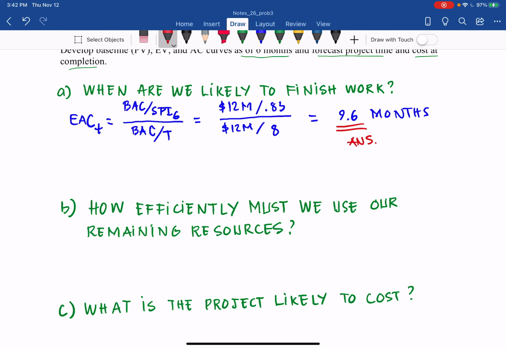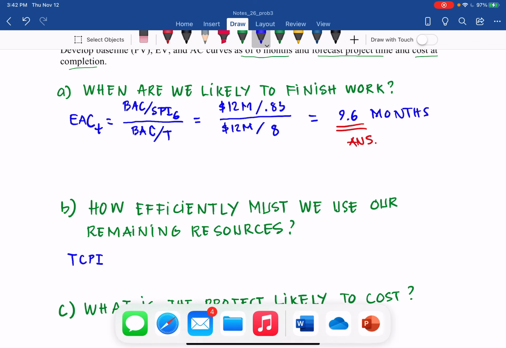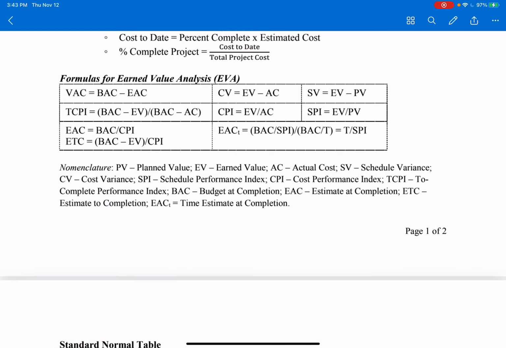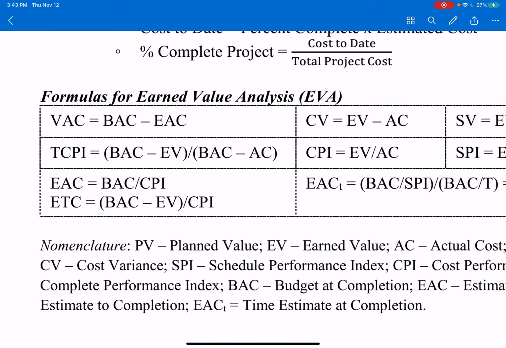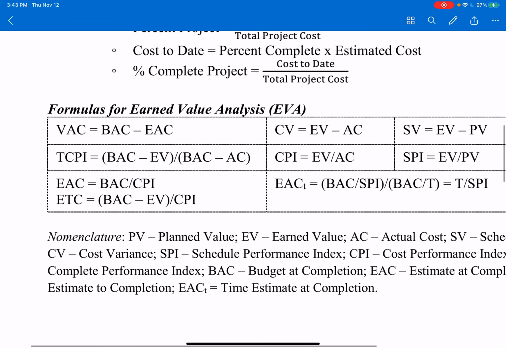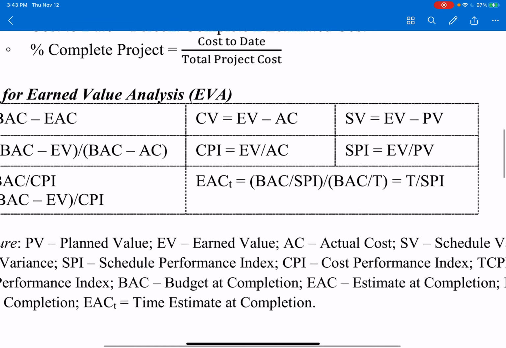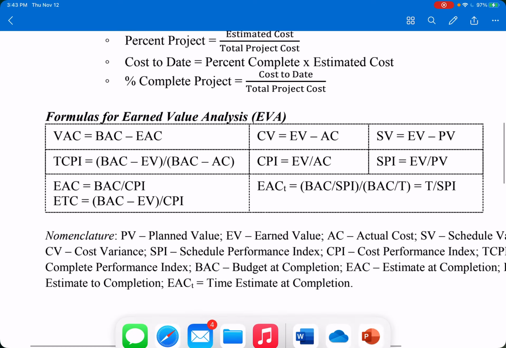How efficiently must we use our remaining resources? So cost-wise, if you remember the slide, go back to check that slide, the equation to use is the To Complete Performance Index, TCPI. And from the equation in your reference, we also have that as well. The To Complete Performance Index is equal to BAC minus EV over BAC minus AC, and you have the equation there as well. So all equations are here in your reference.